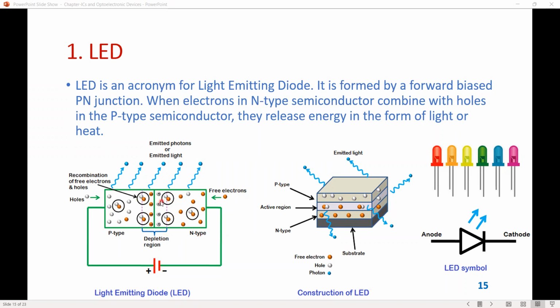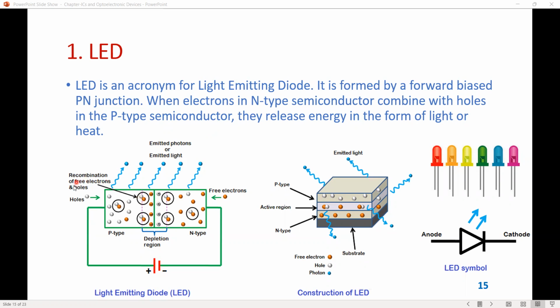You know, the difference between the normal PN junction diode and this LED: they are designed in a way that when you connect them in forward bias, electrons and holes start combining, and we provide a space here so that photons can come out from there. The way it is designed, electrons can combine and light can be emitted. But in a PN junction diode, we have no mechanism by which these photons can come out. So this is the concept.